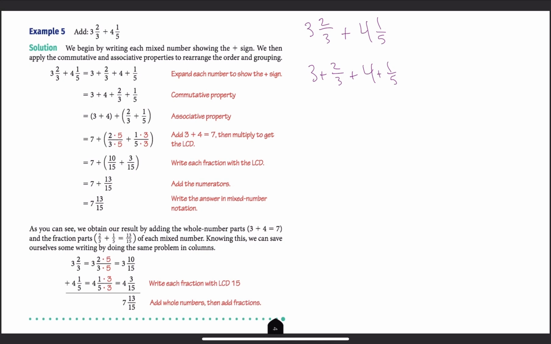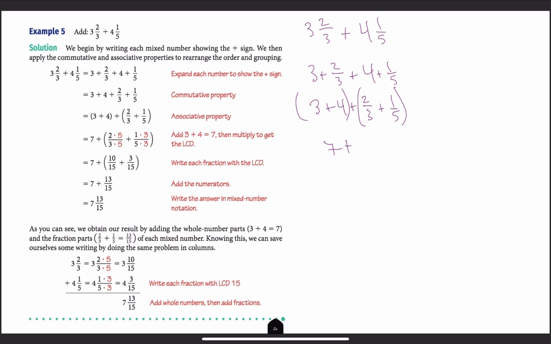And now I can use the commutative property to say, oh, well, that's really 3 plus 4 plus 2/3 plus 1/5. And so now I can add the whole parts and the fraction parts. So 3 plus 4 is 7. So that part's done.